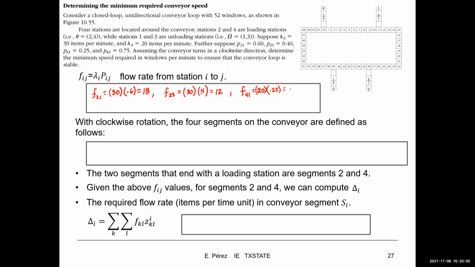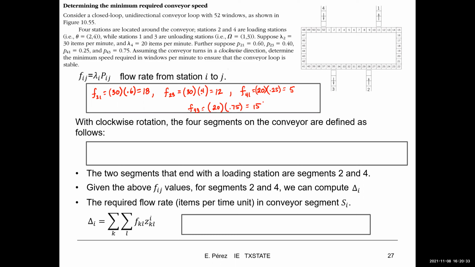That is 5. And then F of 4, 3 equals 20 times 0.75, so that is equal to 15. Okay, so now I have the flow rates from station I to station J.